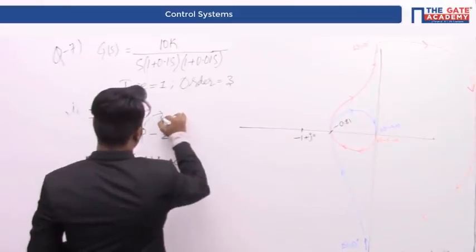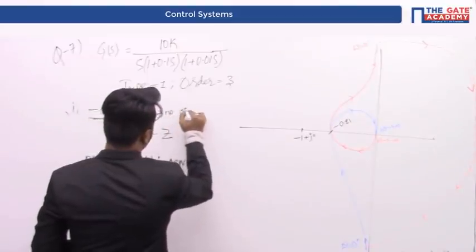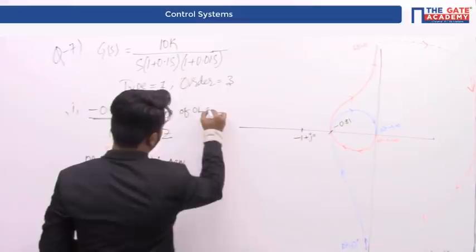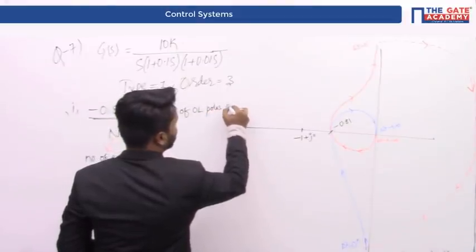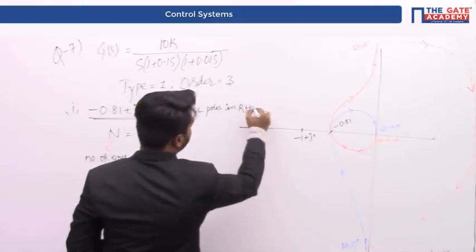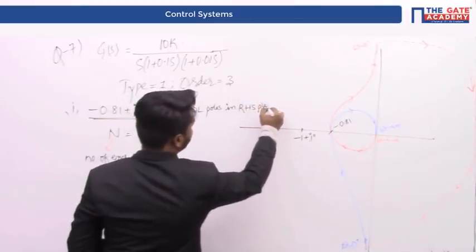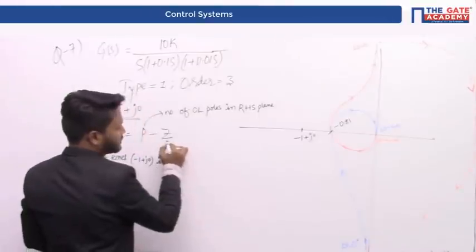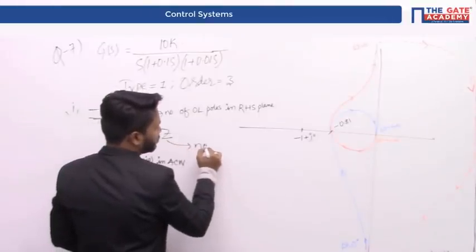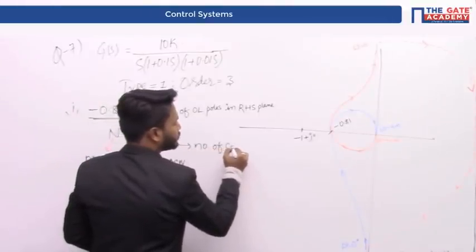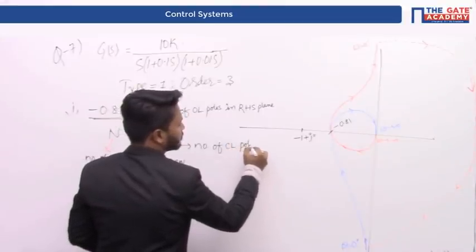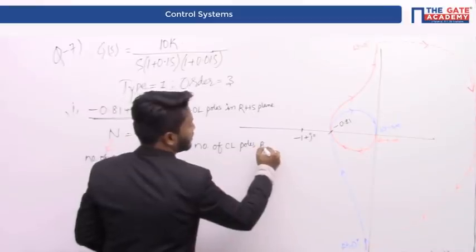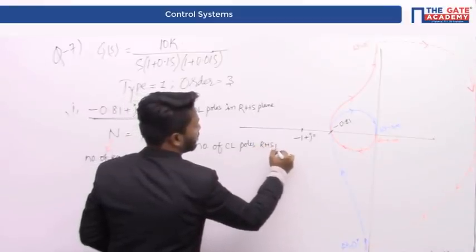P is the number of open loop poles lying in right half of S plane, and Z is the number of closed loop poles lying in right half of S plane.